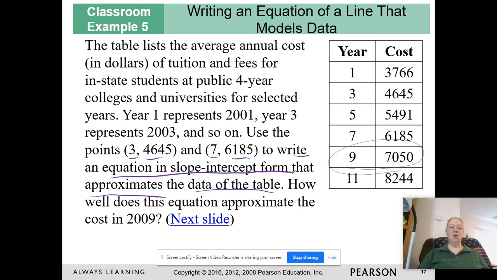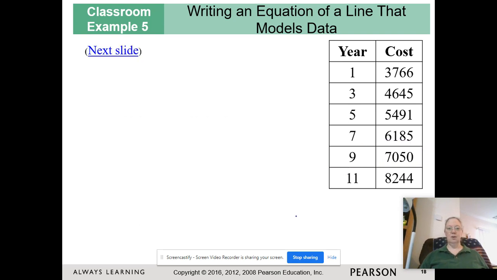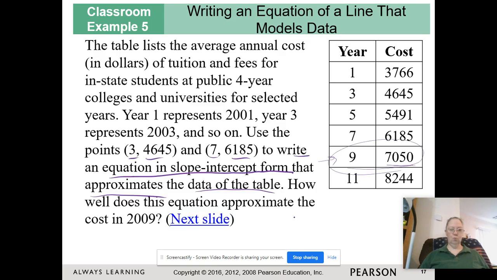Writing an equation using real world data doesn't mean it's going to exactly work. As a matter of fact, if we plug in 9 to our equation, it's not going to be 7050. I'm just giving you a heads up. We want to know how close we came with the equation that we're going to come up with.